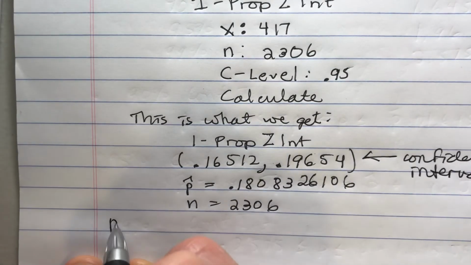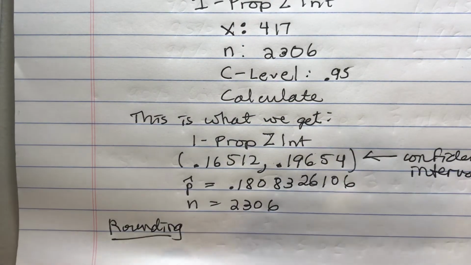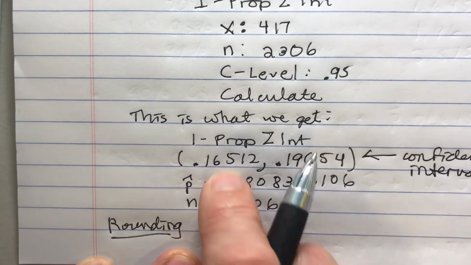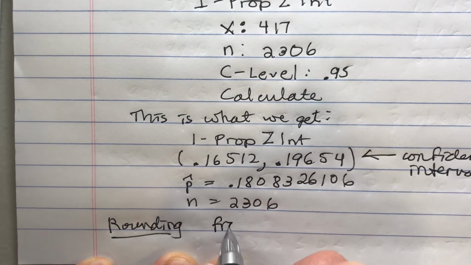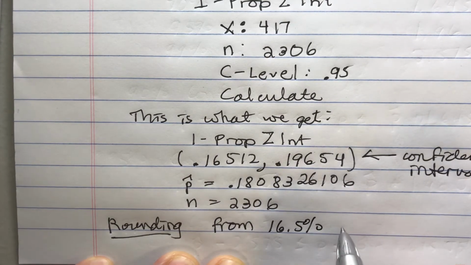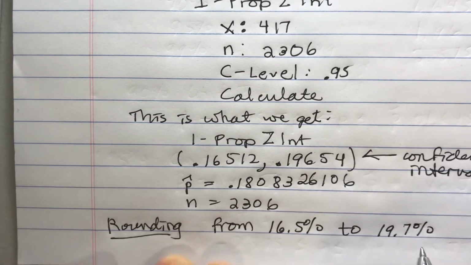And so if I round, and I'm arbitrarily going to decide on the fly that I'm going to do it to a percent with 1 decimal place, it's between 16.5% to 19.7%.